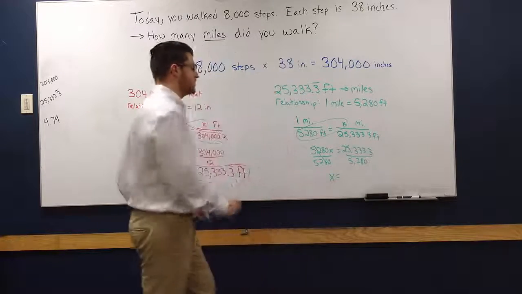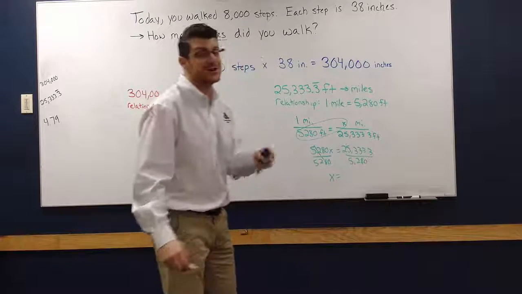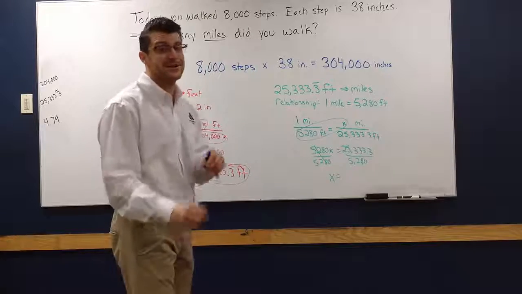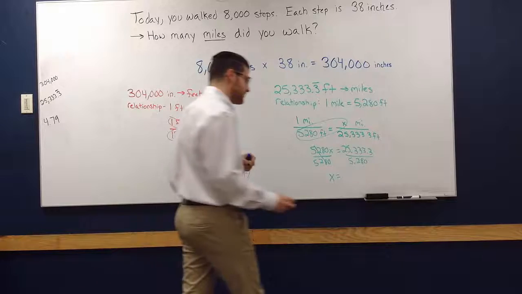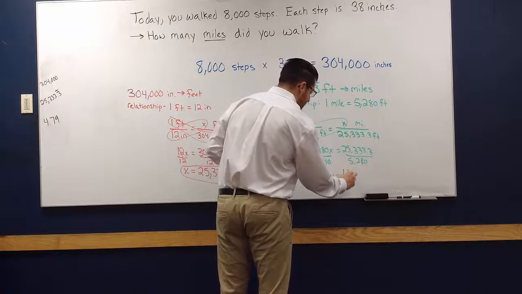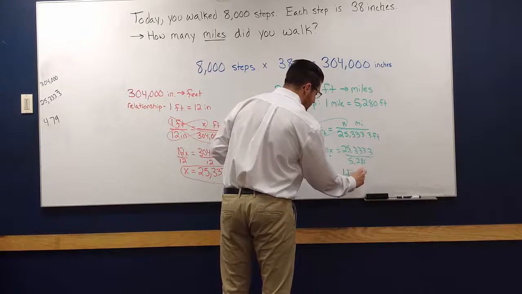Now, because of this decimal, it should already cue you that you're not going to get the nicest number. That's okay. Welcome to the world around us. So, you should end up getting about 4.79.